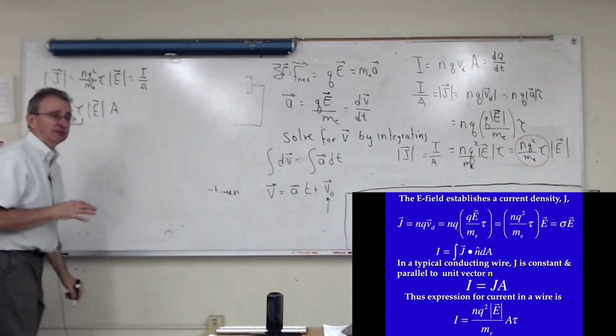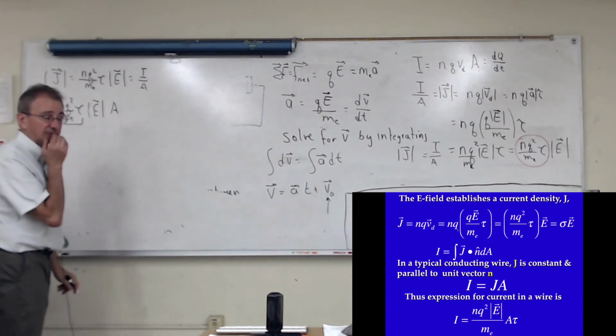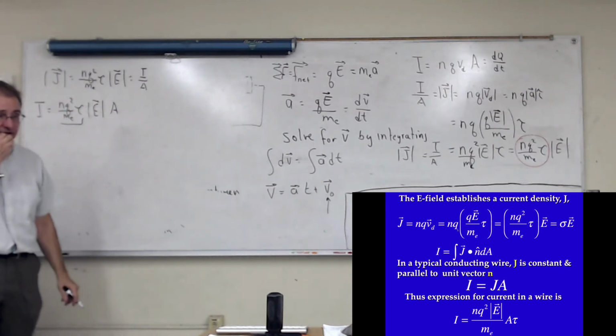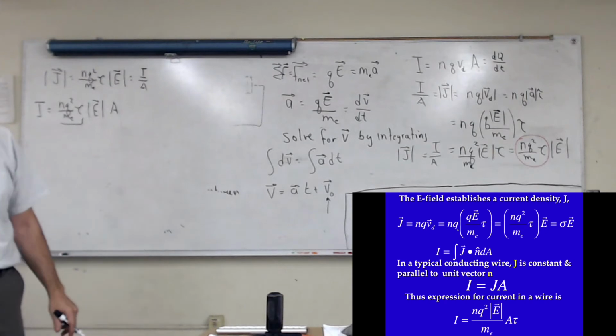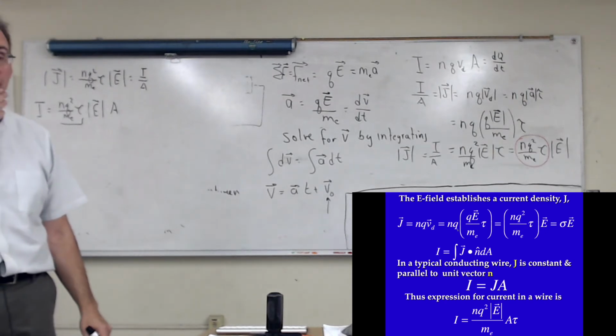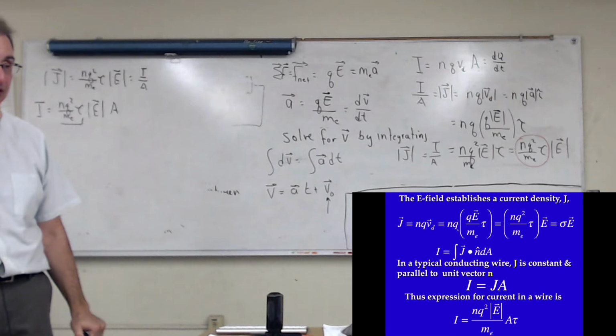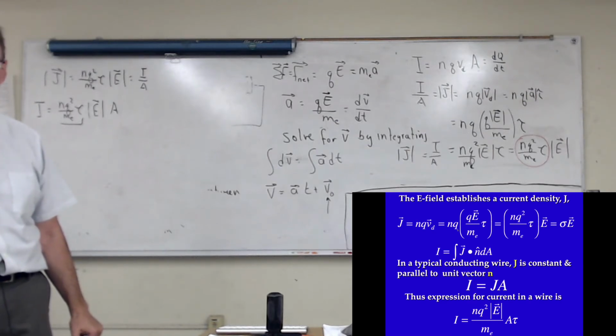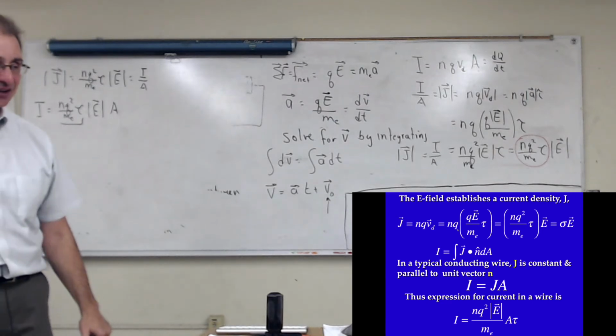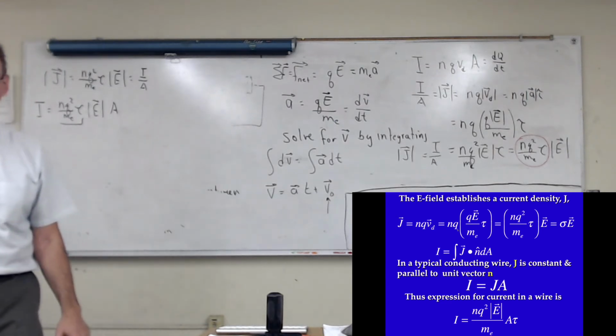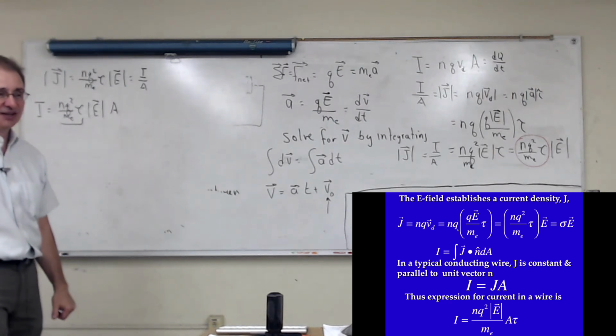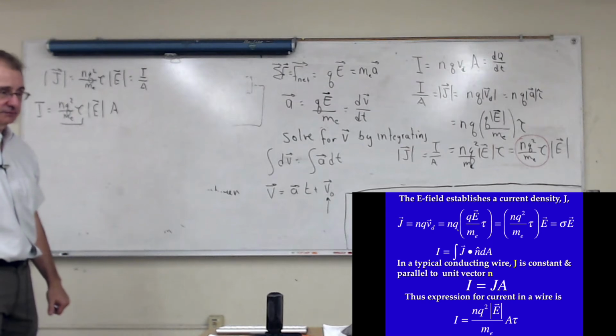Okay. Let me say something about J. J represents just a flow through a surface. We talked about that with the electric field. The integral of J dot n dA is the flux of charge going through a surface. Okay, it's called the current density.